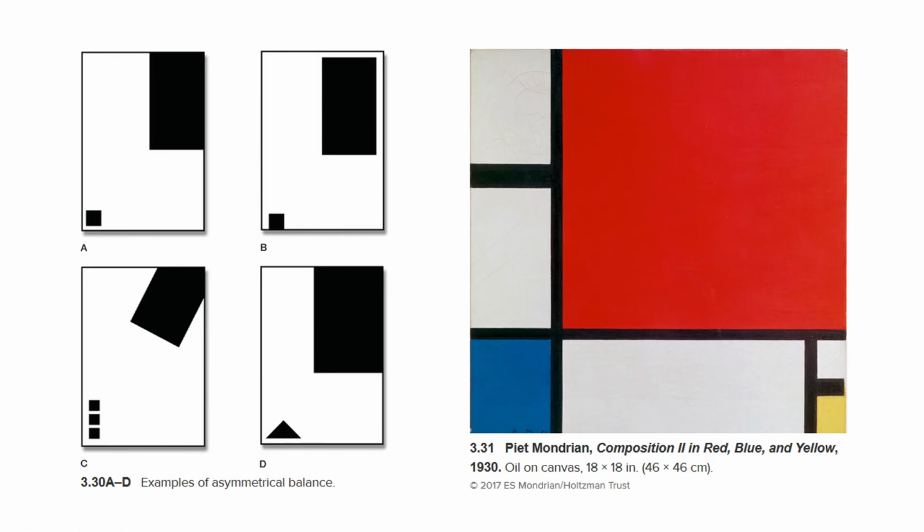So balance in a composition shifts each time we add or subtract a visual element. Piet Mondrian's Composition No. 2 in Red, Blue, and Yellow right over here is constructed from black vertical and horizontal lines, 3 brightly colored shapes and 4 wide rectangles.